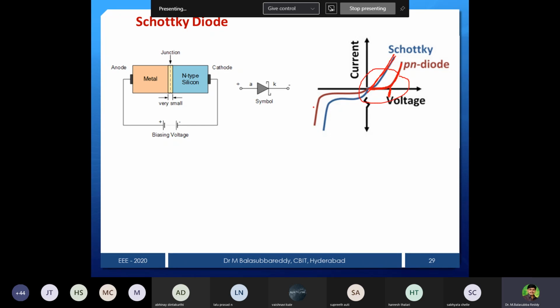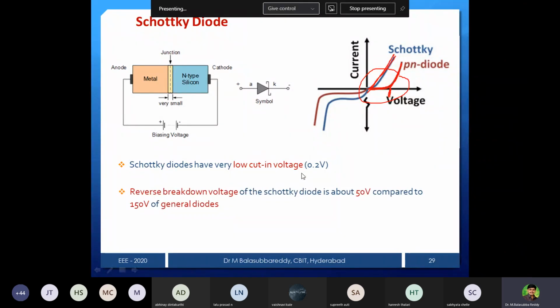A metal can be attached directly, and in the Schottky diode the voltage drop is only 0.2 volts to conduct. Whereas in the PN diode we require about 0.7 volts to trigger it, in the Schottky diode we require only 0.2 volts. It has a very low cut-in voltage since there is no junction to break, but it requires a very small voltage to trigger.